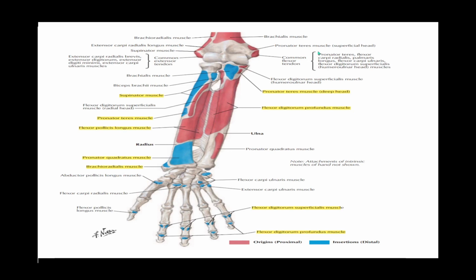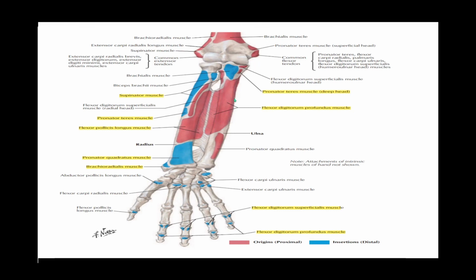We've got the pronator teres muscle having a superficial head and a deep head. The superficial head comes from the medial epicondyle, just above the origin of the common flexor tendon. The deep head comes from the coronoid process of the ulna, and they move diagonally to insert into the middle third of the lateral surface of the radius.